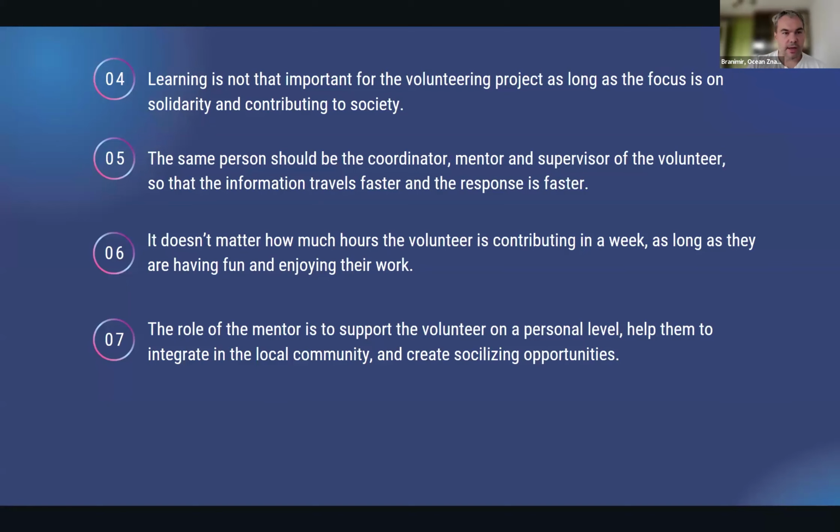But not every time would you find a mentor who can do this. Sometimes we had mentors for our short-term volunteers who were more in line with being a young person who did the ESC or the EVS themselves, and then they would provide a different kind of support, meaning that they would more often find socializing opportunities and go integrate into the local community.